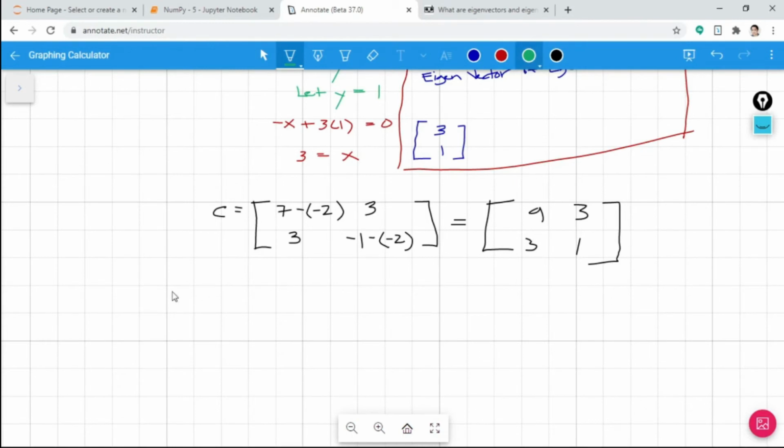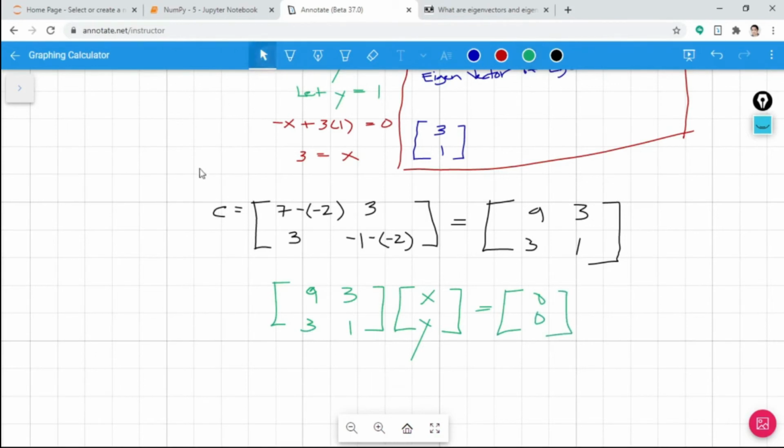Okay, so let me use green now. So we got here 9, 3. So we got 3, 1. Of course, you have the x and the y, of course, is equivalent to 0. Okay, so both 0.